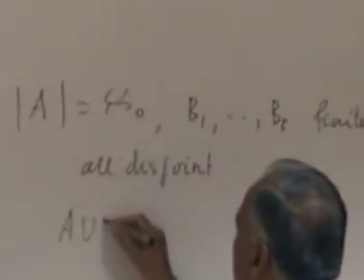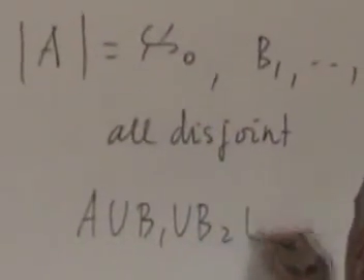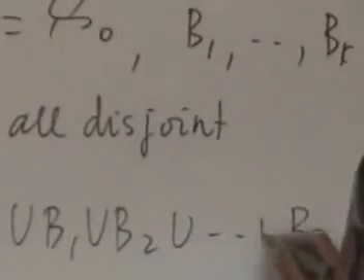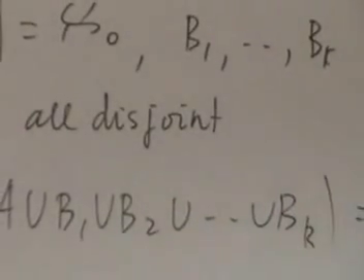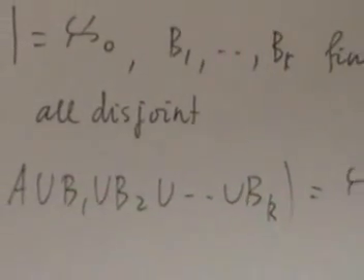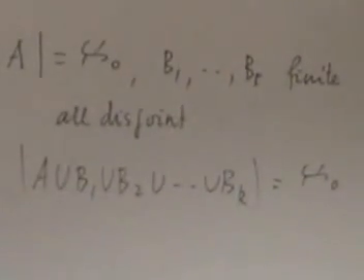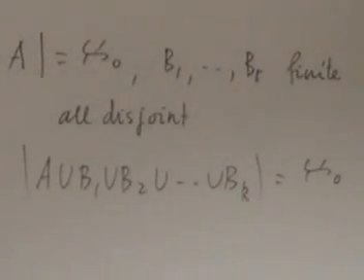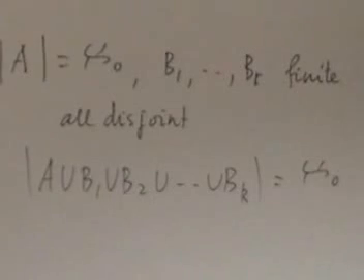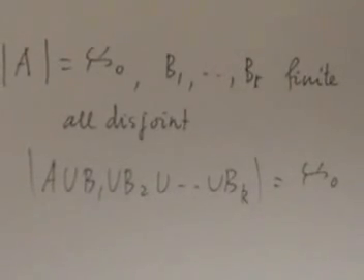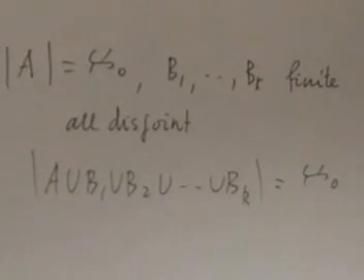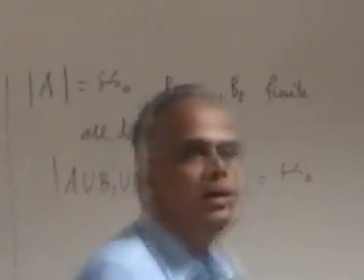Then A union B1 union B2 ... union Bk still has the same cardinality. So you go on adding finite sets, nothing is going to happen. You just go on adding a finite number of things to a countably infinite set. You are not going to raise the level of infinity by any means.